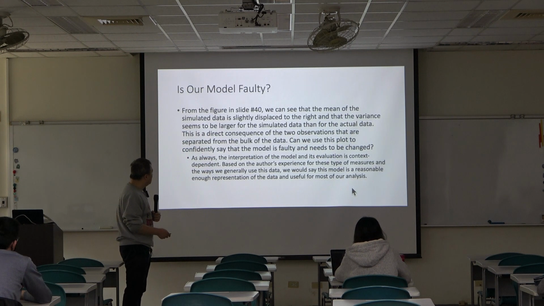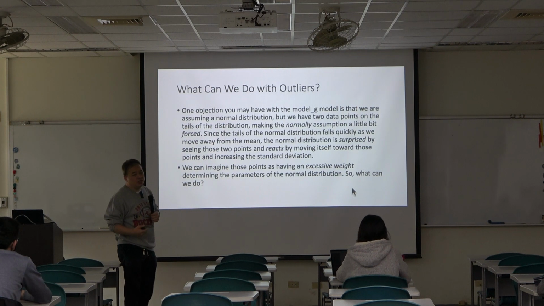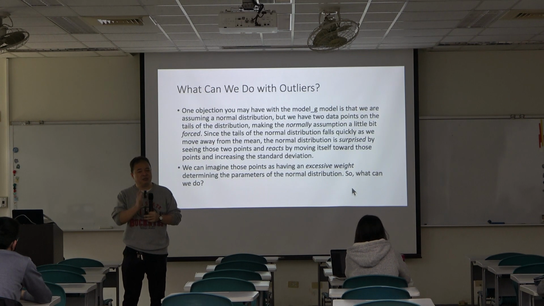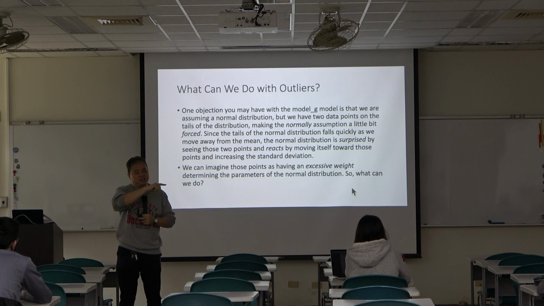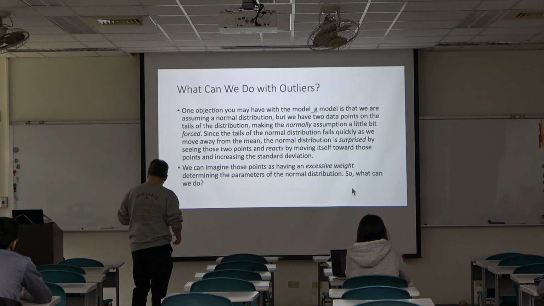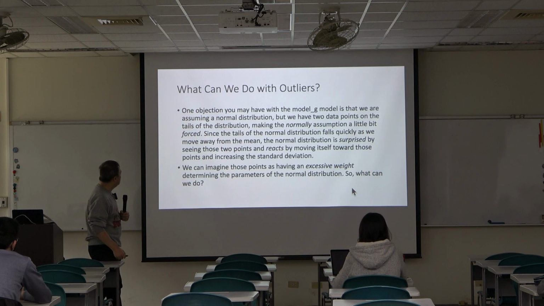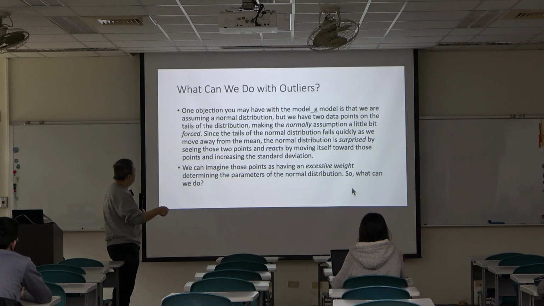But of course, how about those outliers? The displacement of the mean as well as the slightly larger variance are really caused by those two outliers, right? So what can we do with outliers? Can we deal with them beforehand?